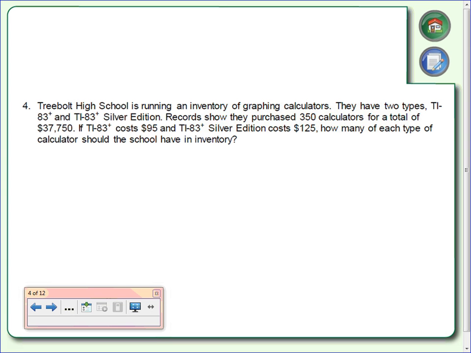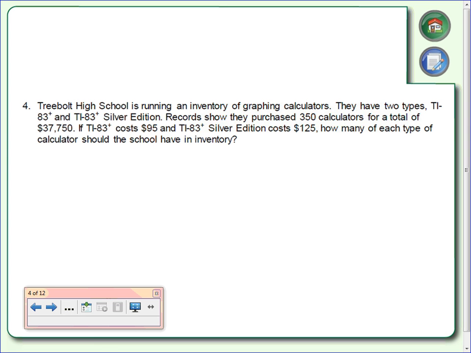All right, for number 4, it says here that Treeball High School is running an inventory on graphic calculators. They have 2 different types of calculators. They have the TI-83 Plus, and they also have a TI-83 Plus Silver Edition. It says here that the records show that there are 350 calculators for a total of $37,750.